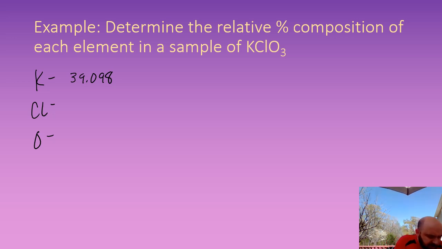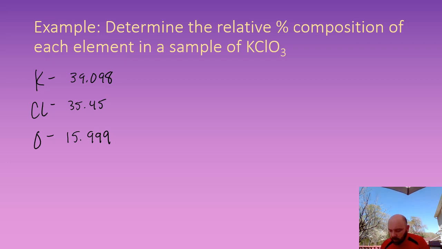Chlorine has an atomic mass of 35.45 atomic mass units, and oxygen has an atomic weight of 15.999 atomic mass units. Now, it's important to point out that none of these are grams, they are atomic mass units, but since that is a standardized measure of mass, we can use that to determine relative percent composition.